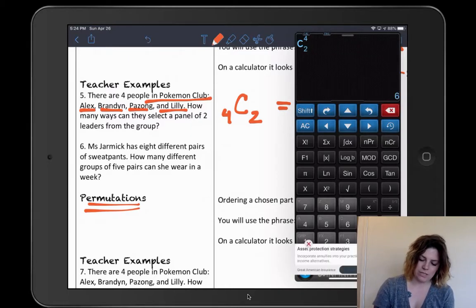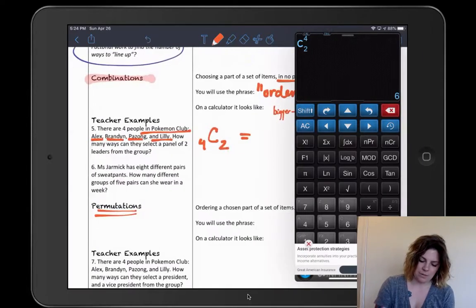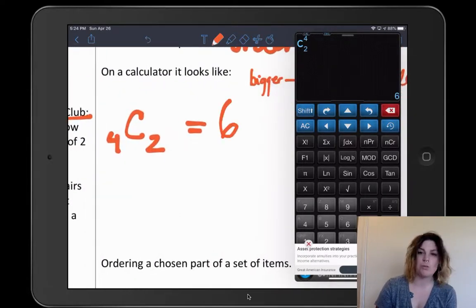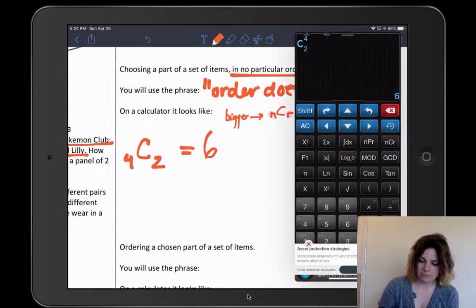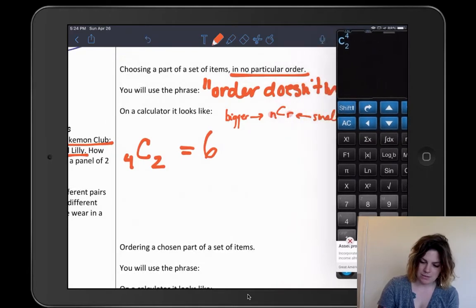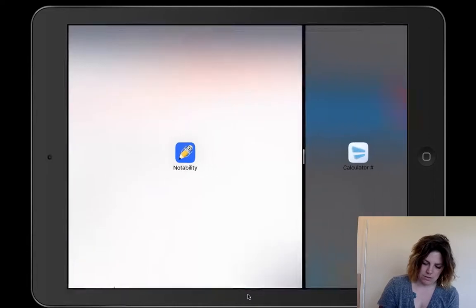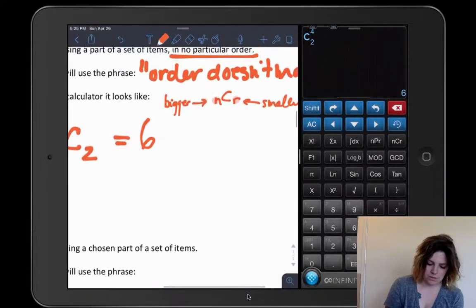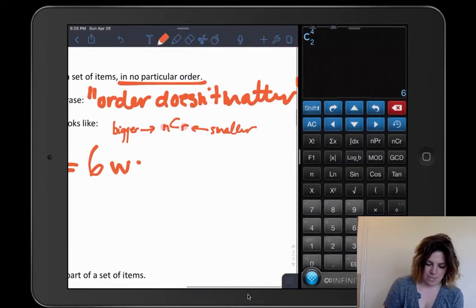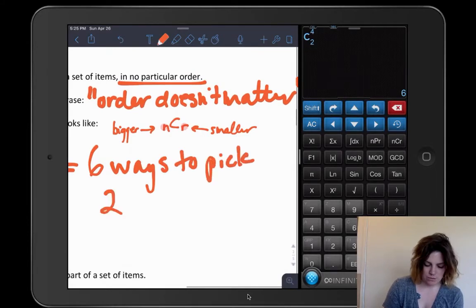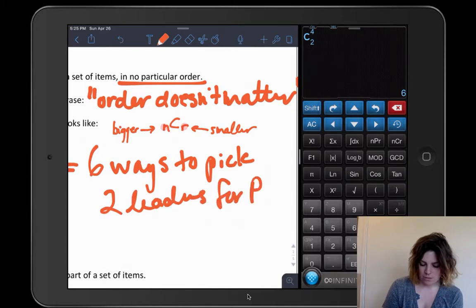So there's 6 different ways that I can choose 2 people to lead Pokemon Club, okay? So 6 ways to pick 2 leaders for Pokemon Club.